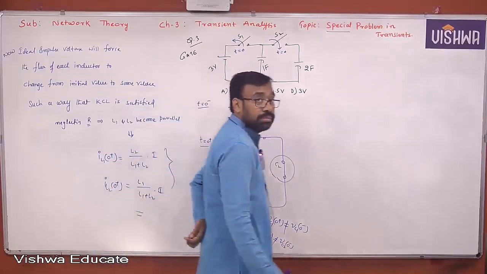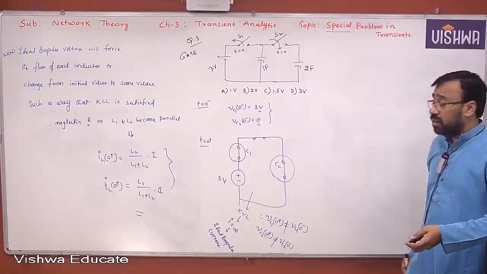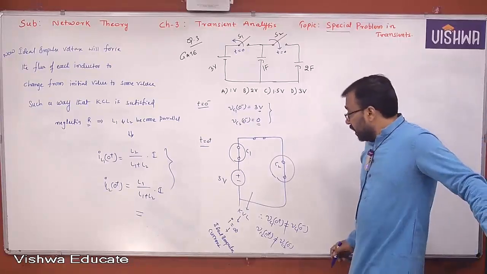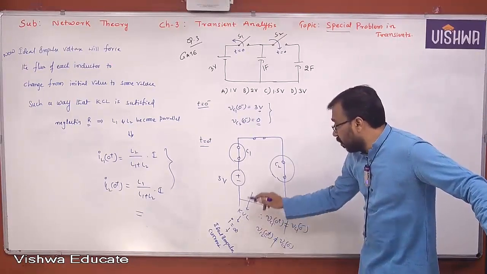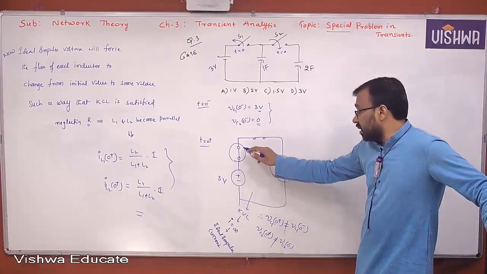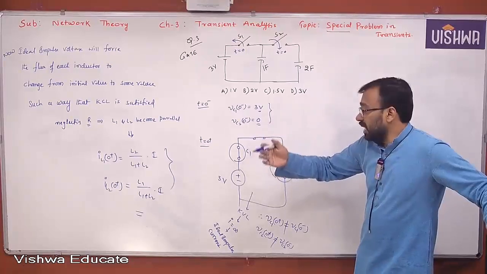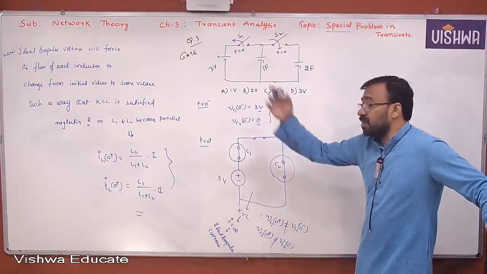That's it. Yes or no, all of you? When they're not equal, we are supposed to find those values. So what are those values? Let us see. Now this ideal impulse current will force the charge deposited on each capacitor to change from the initial value to some value.